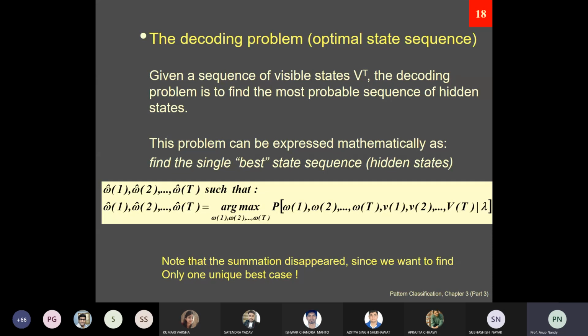Given a sequence of visible states, the decoding problem is to find the most probable sequence. Out of the T sequences, you are going to choose the R sequence. Is the R sequence the optimal sequence? The Viterbi algorithm will show that R will be the most probable sequence of the hidden states. I'll explain all these things in the next class with an example.